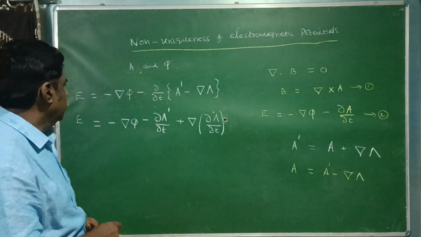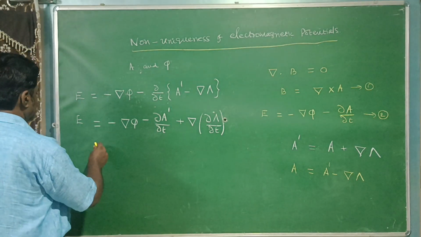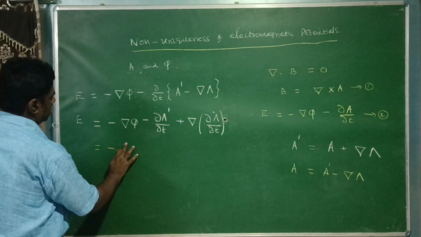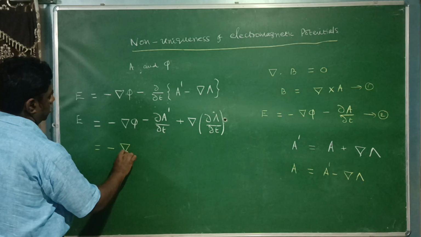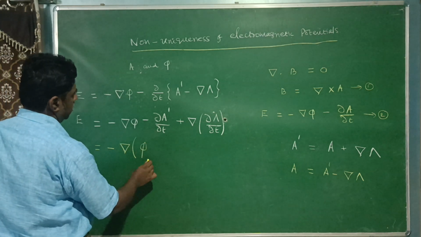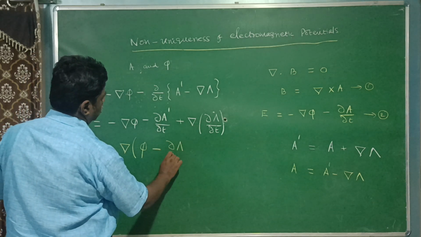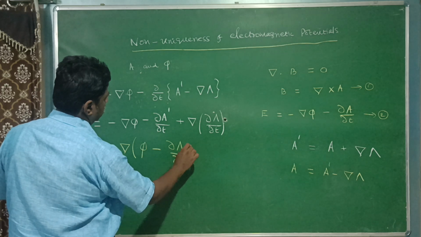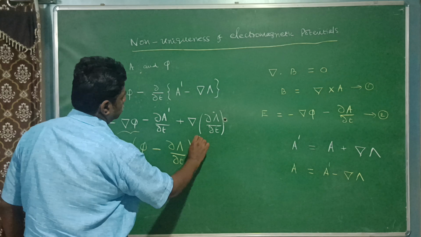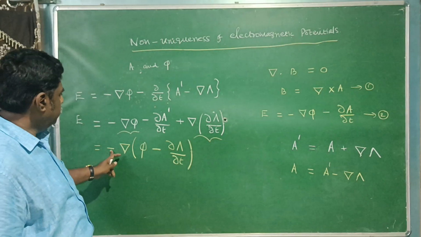Now take the negative gradient as a common term. These two terms, phi minus dou lambda by dou t, are combined by taking minus gradient as a common term.